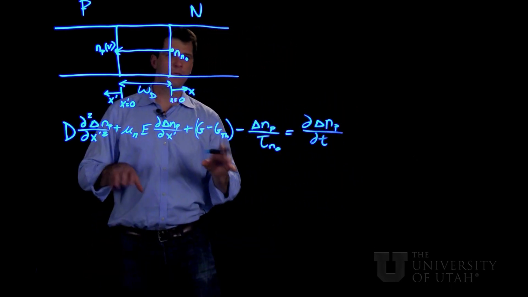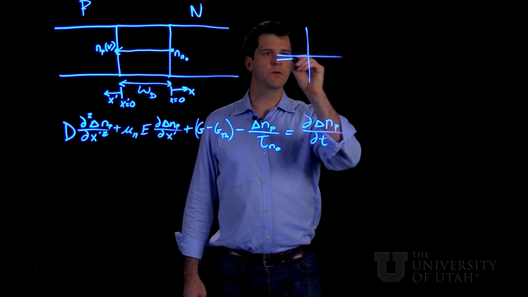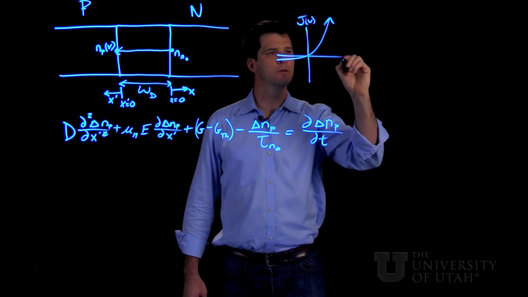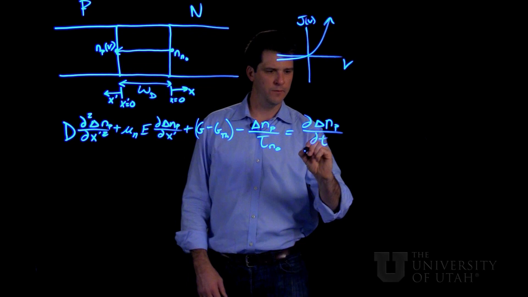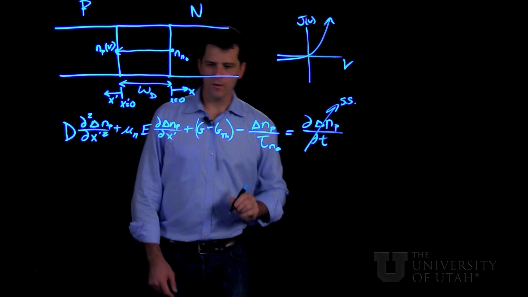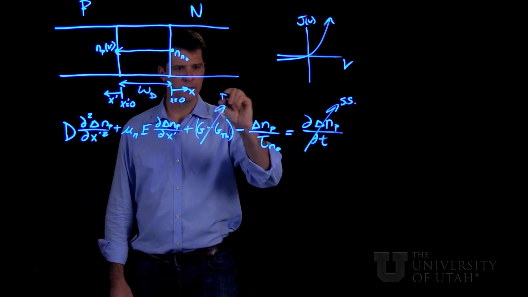Okay, so we're assuming when we're deriving this JV curve that we're in steady state. So steady state tells us this goes away. We're assuming that we're in the dark, so this goes away.